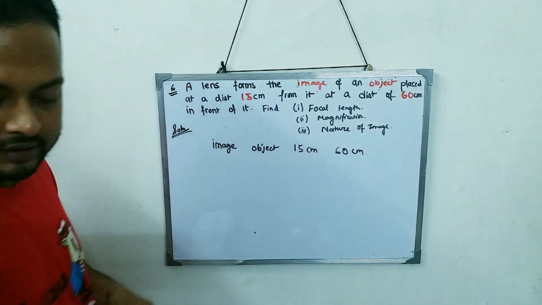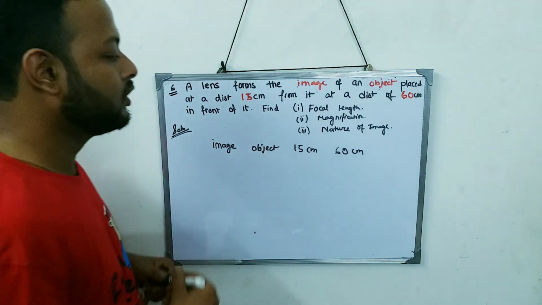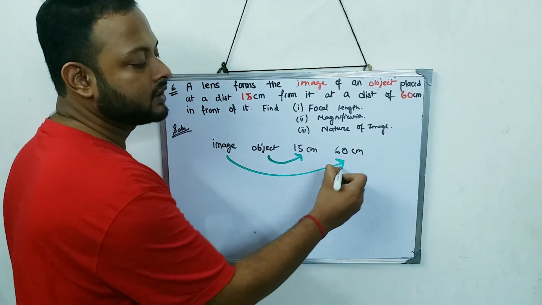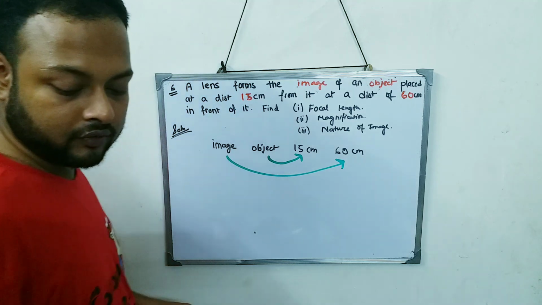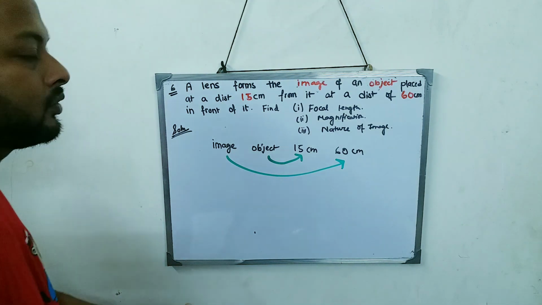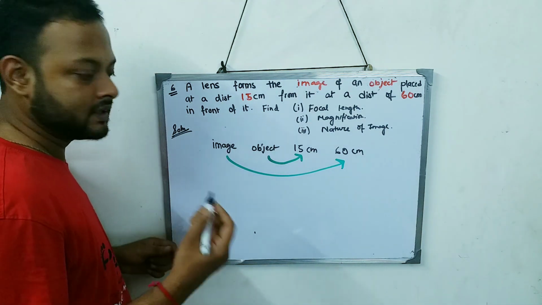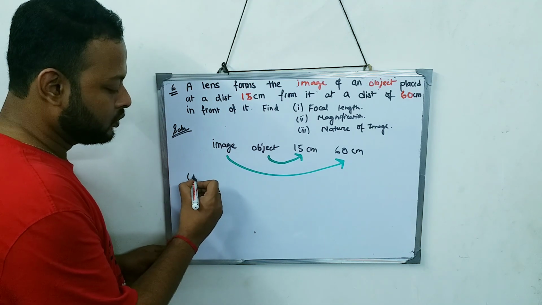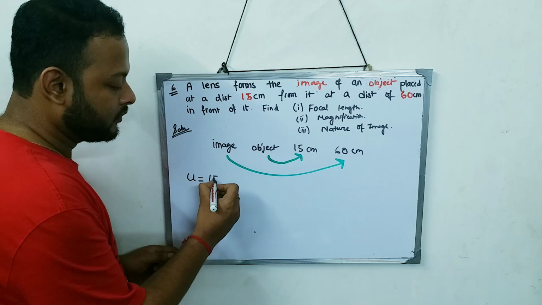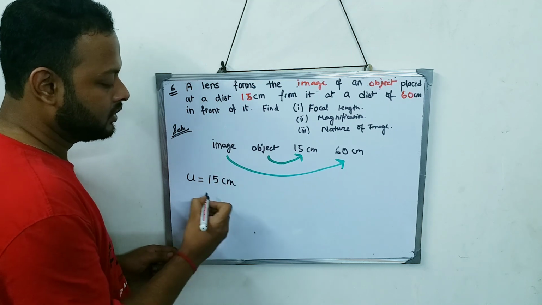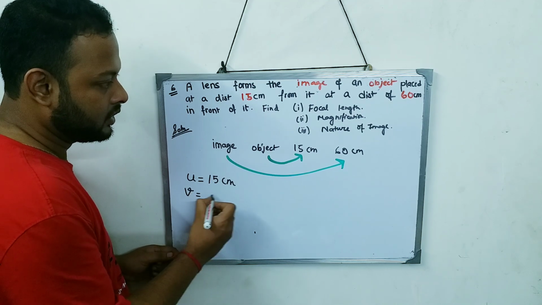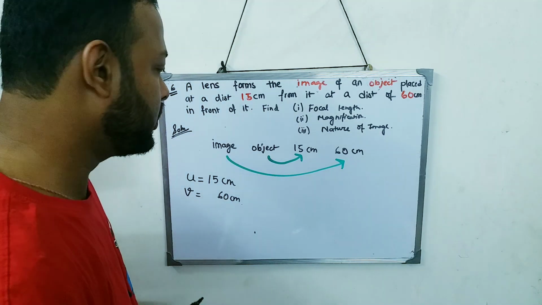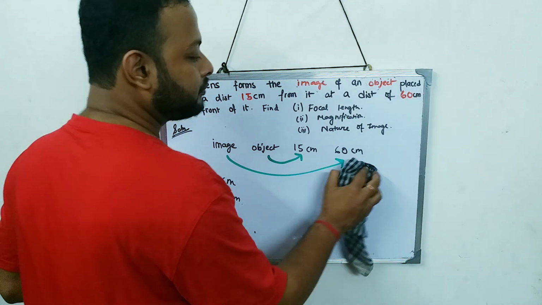By looking at this, now you will get the idea what is what. Object is 15 and image is 60. These small tricks will help you to do a lot of sums in an easier way. So object distance, which is U, is equal to 15 centimeter, and V is equal to 60 centimeter. Clear? We don't have any problem regarding this.